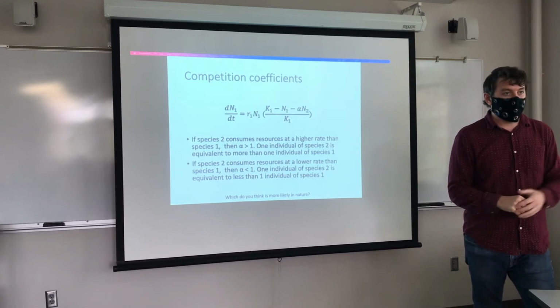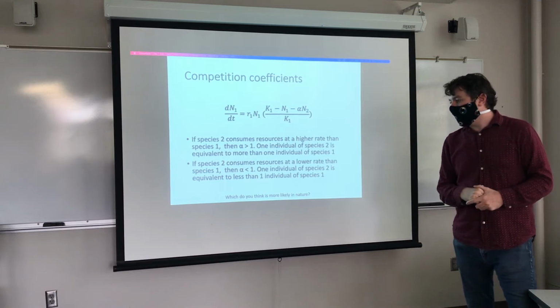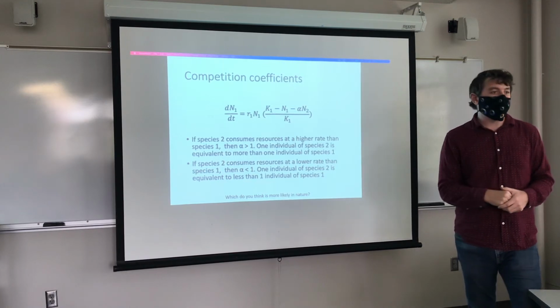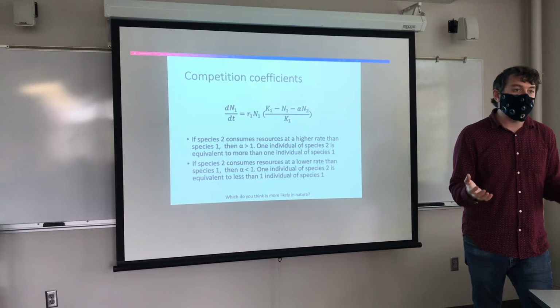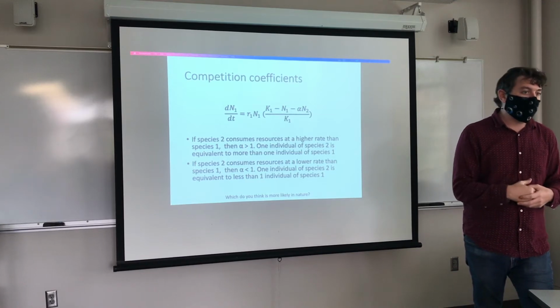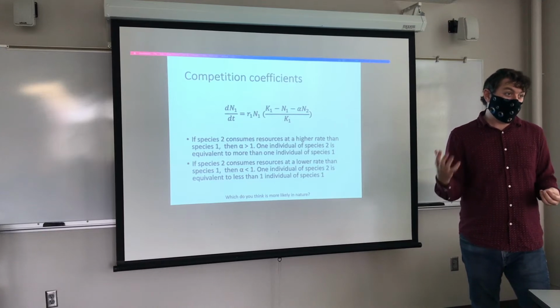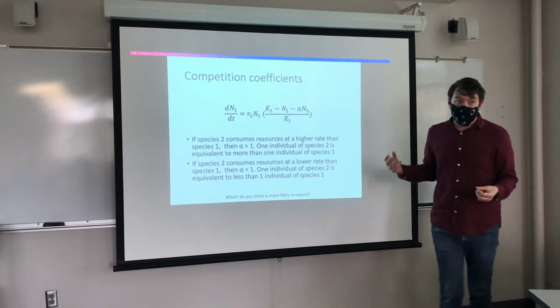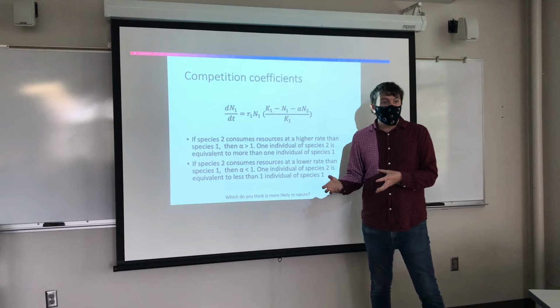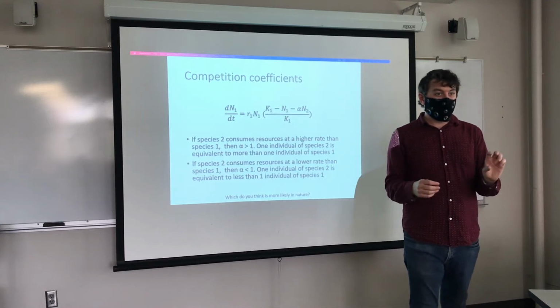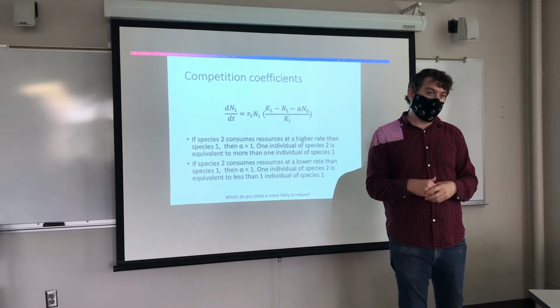Say you've got two species of birds, right? And they both eat seeds, grass seeds in the prairie or something like that. The big one needs a lot more seeds than the small one, and it's probably pretty good at finding them. So if you just have a few of those, they're going to be equivalent to many little birds.